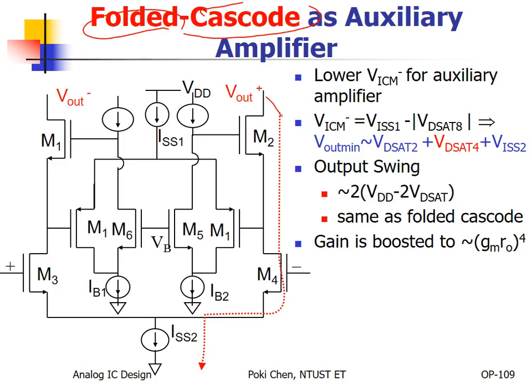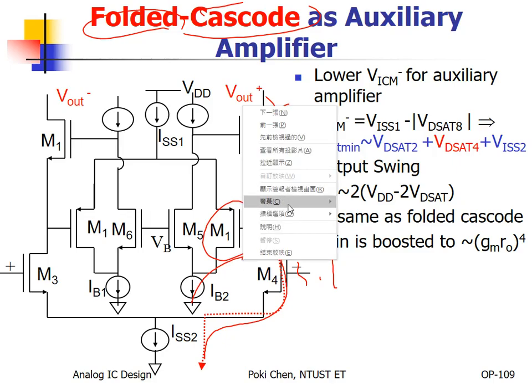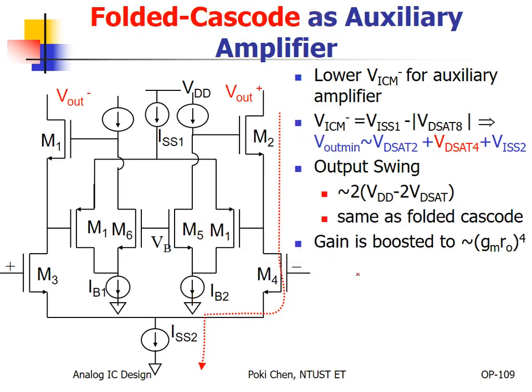If you look here again, the original route, 3 delta V. And how about the second route? Because here is PMOS, you can guess. Delta V here, right?